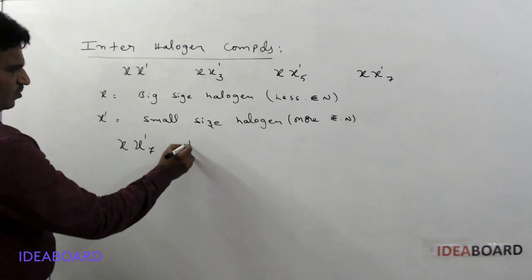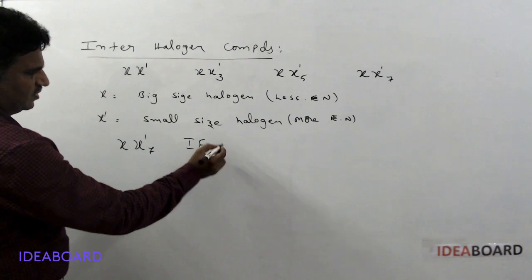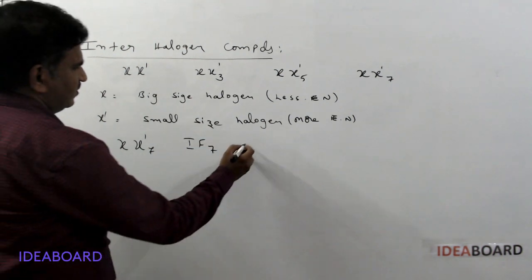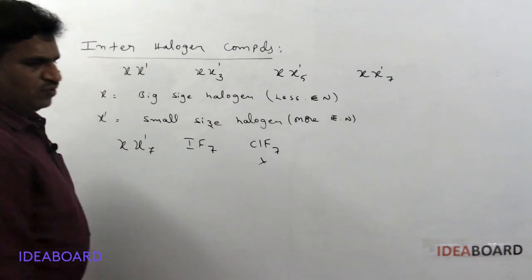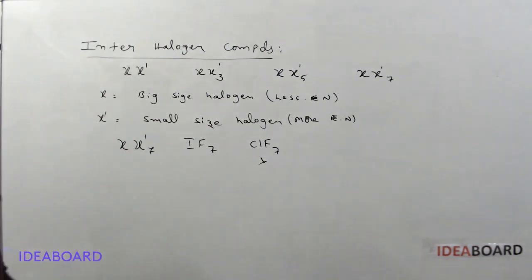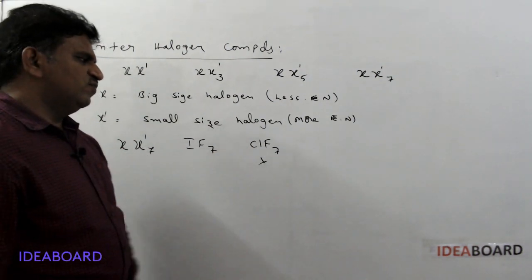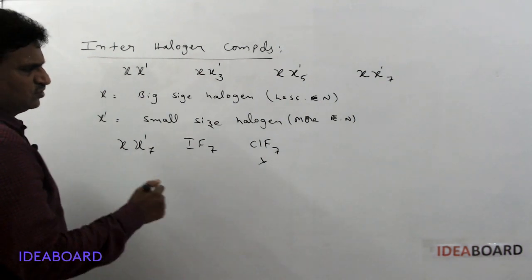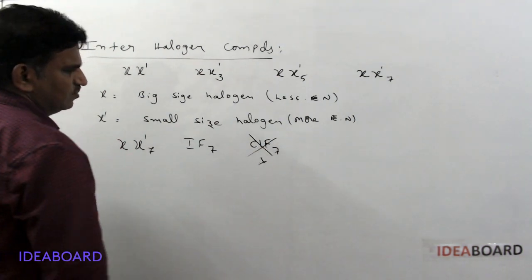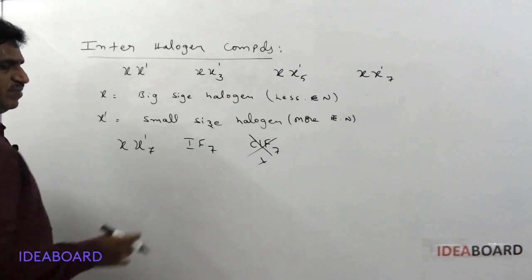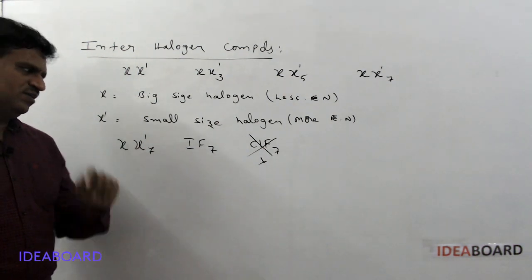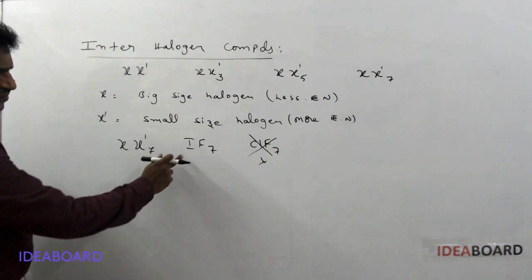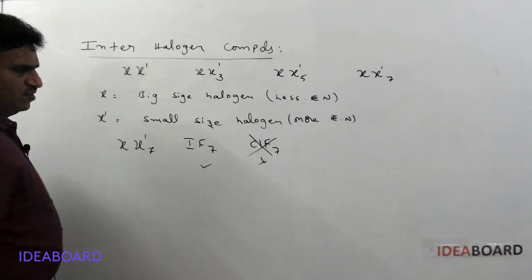For example, IF7 exists, but we can't get ClF7, because chlorine is a small sized atom, it cannot accommodate 7 fluorine atoms around it, so this becomes unstable. Whereas iodine is a bigger sized atom, it can accommodate 7 fluorine atoms, so IF7 is possible.